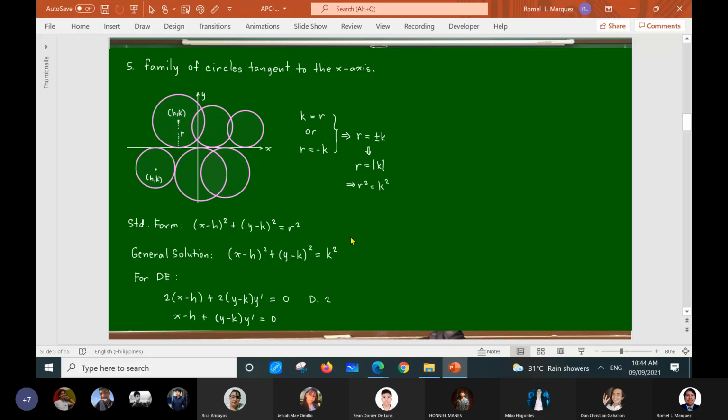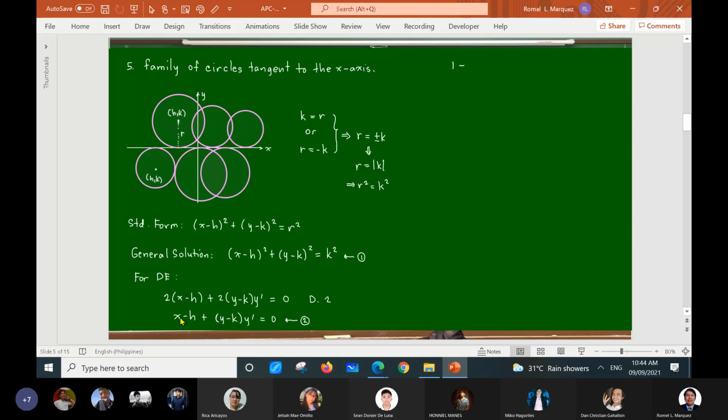Hello po. So we call this equation number 2. Our equation 1 is the general solution. Okay? From equation number 2, we continue differentiating.